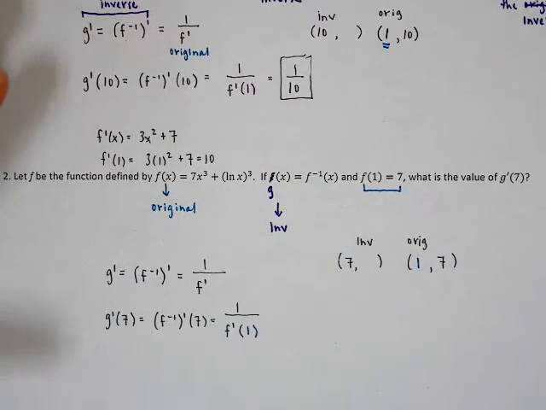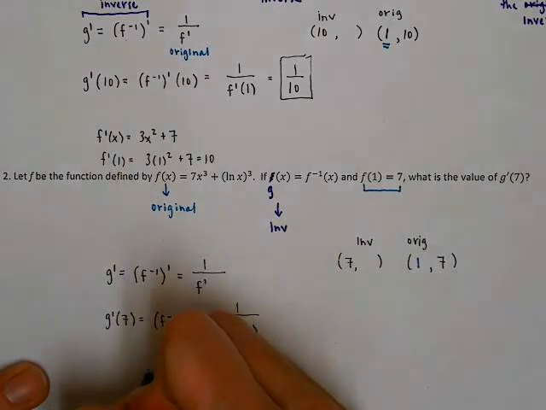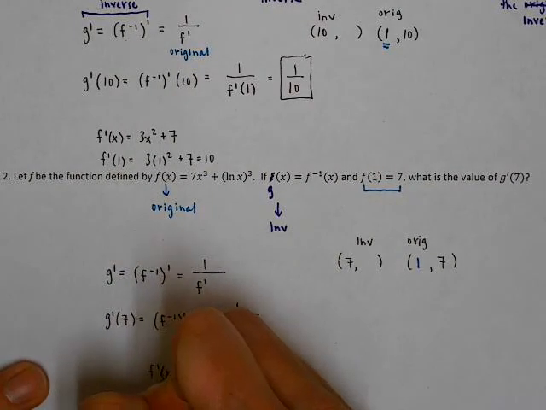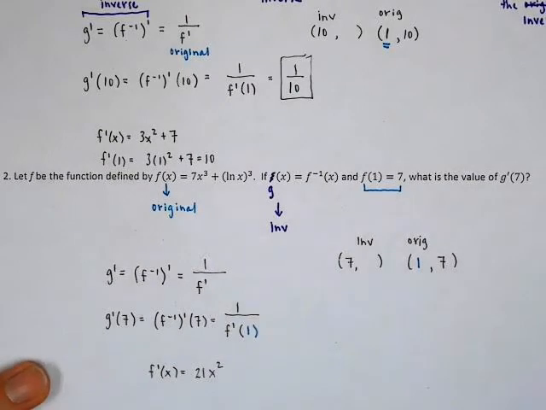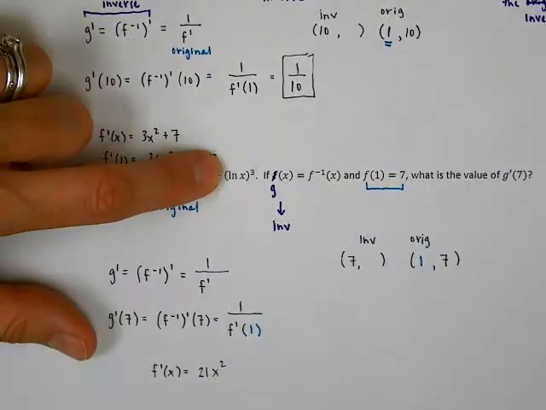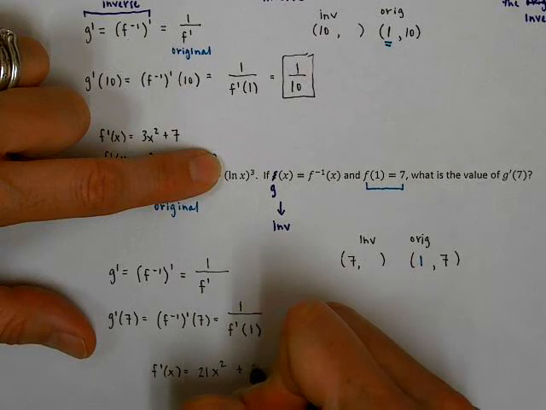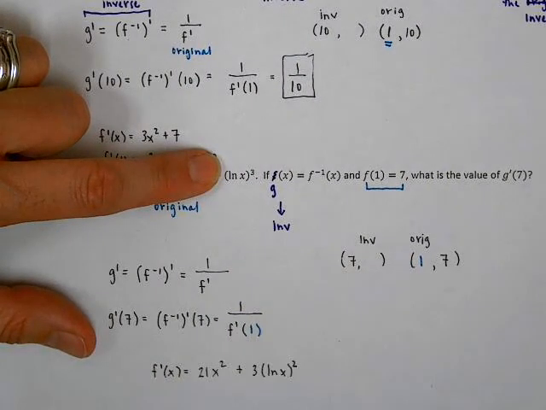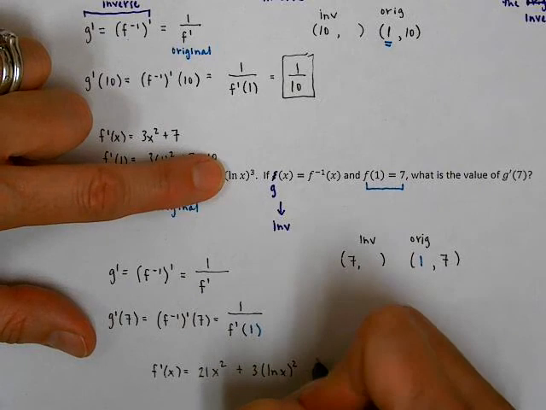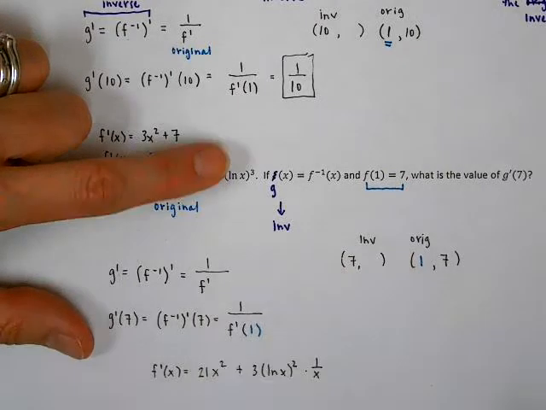So just like before, because I have a function, I know that f prime of x is going to be 21x squared. I have to use my chain rule here, so I have plus 3 times natural log of x squared times the derivative of natural log of x, which is 1 over x.